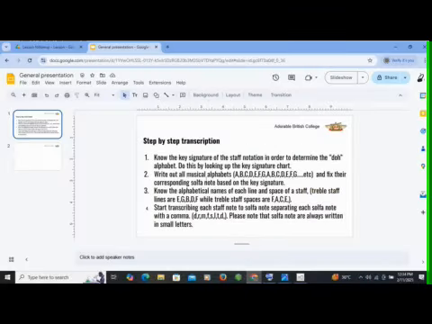Write out all musical alphabets, A, B, C, D, E, F, G, just like that. And then fix the corresponding solfa notes based on the key signature.